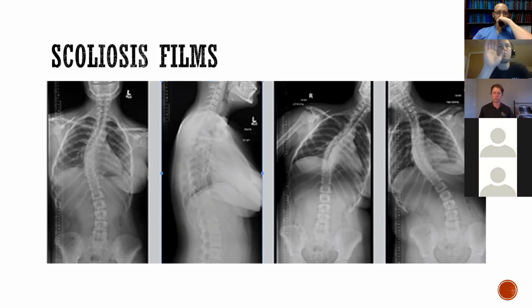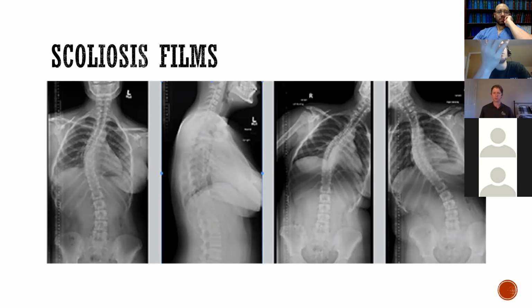I don't know whether these are taken supine or standing. I think they're standing. The gastric bubble is on the left, so the technologists actually flipped these films. These are P to A, but they look like A to P films.